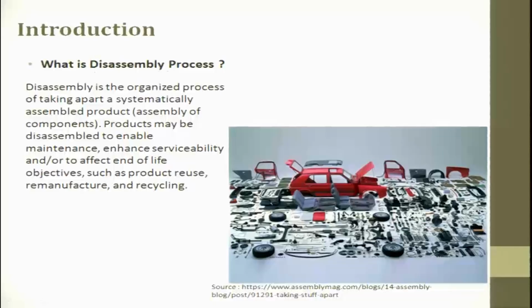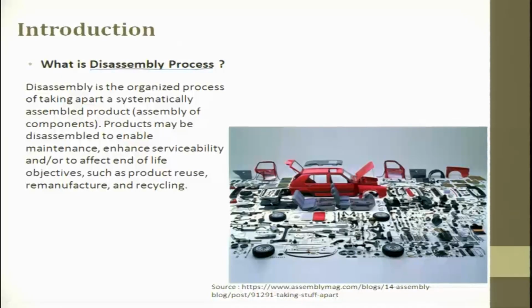What is the disassembly process? Disassembly is the organized process of taking apart a systematically assembled product. So, disassembly is not like breaking. When you remove parts from a product without damaging the parts in the product, that is disassembly.